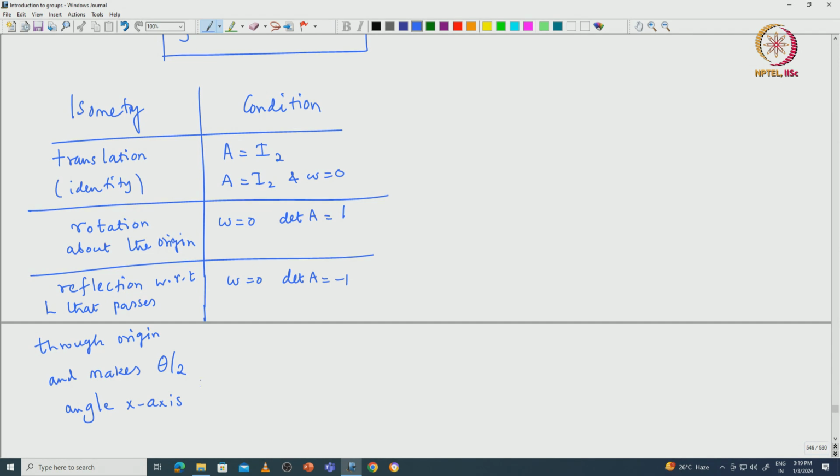Okay. So, that is your determinant A equal to -1 and W being 0.